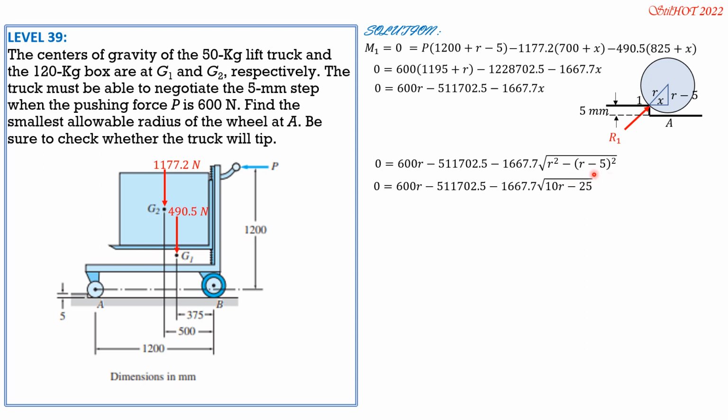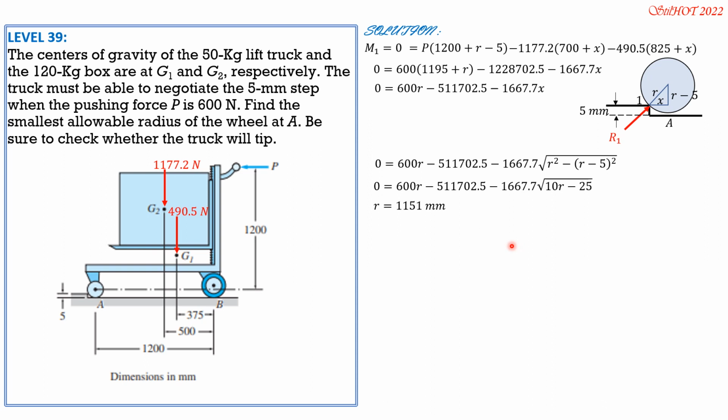So the middle term is negative 10r times negative, so 10r. The last term is 25 or 5 squared, then negative of 25 is negative 25. So by trial and error, R is 1151 mm. That's one something meter, which is very, very large wheel.